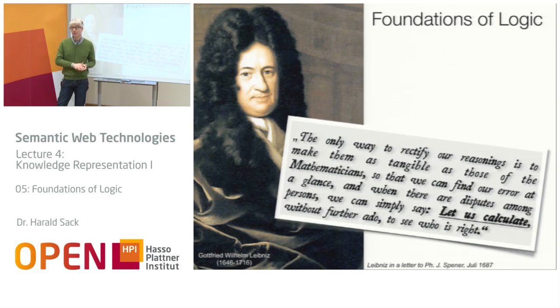So, he said in a letter, the only way to rectify our reasonings is to make them as tangible as those of the mathematicians, so that we can find our error at a glance, and when there are disputes among persons, we can simply say, let us calculate, without further ado, to see who is right. And this is what we want to achieve.